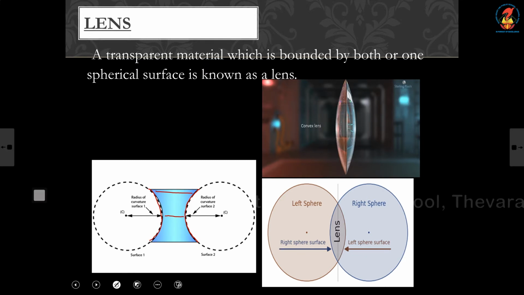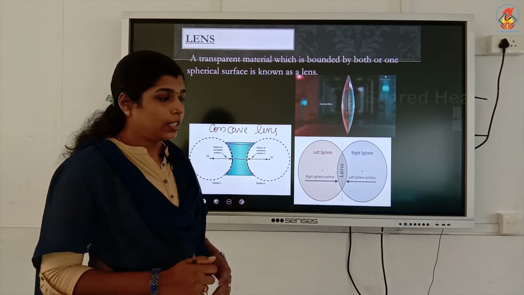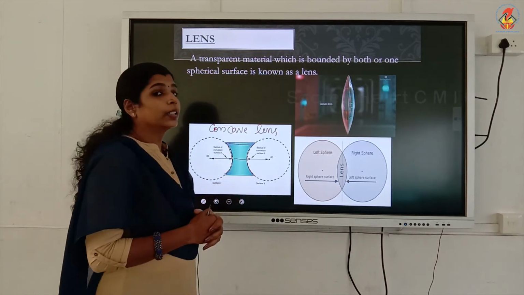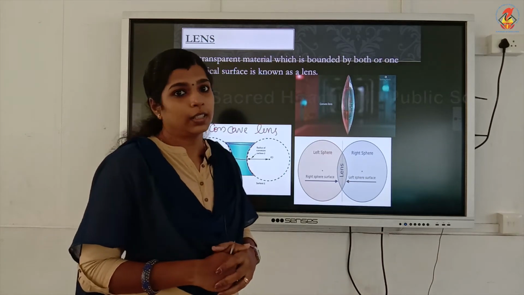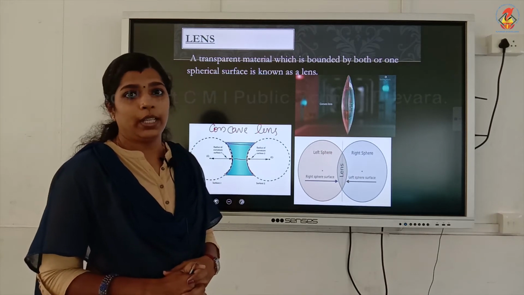This type of lens is known as a concave lens. The middle portion is thin and towards the edges it is thicker. We call it a concave lens or a double concave lens, since both the surfaces are curved.